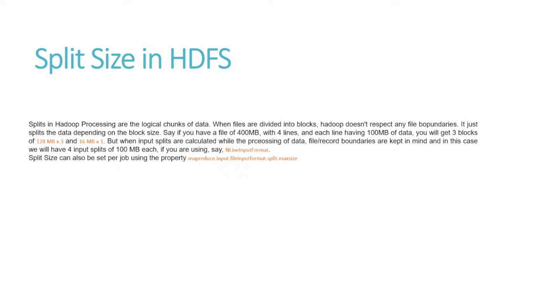So we'll actually have to think about 4 splits. So a block is different from a split. Split takes into account the logical separation of files or records, but your block size doesn't. That's the difference.